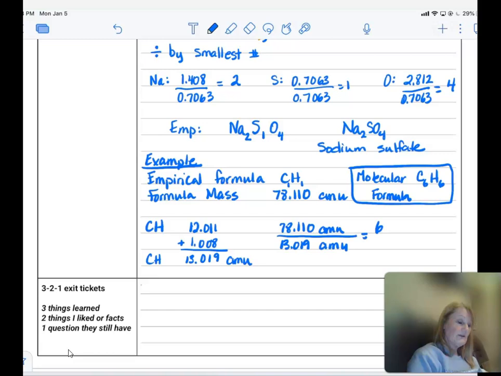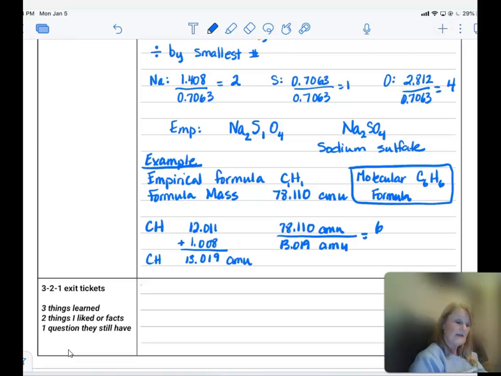So that is what I'm looking for. Once you have your empirical formula, they will always give you the formula mass. You're going to find the mass of your empirical formula. If it is the same as the formula mass, then you don't do anything else; empirical and molecular are the same.